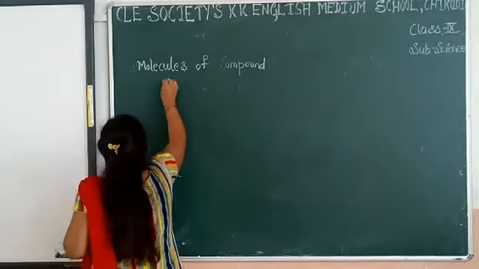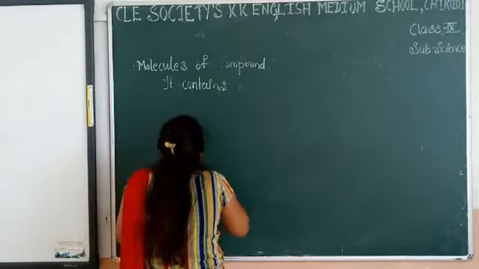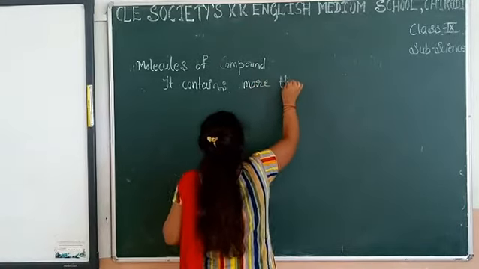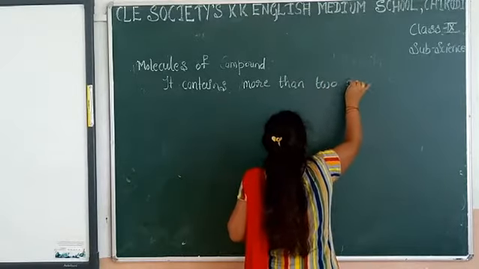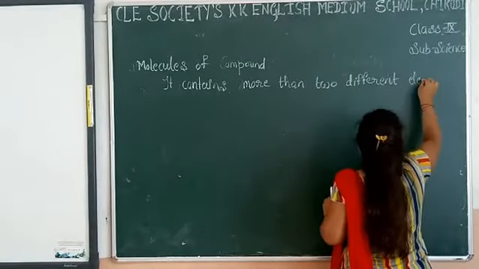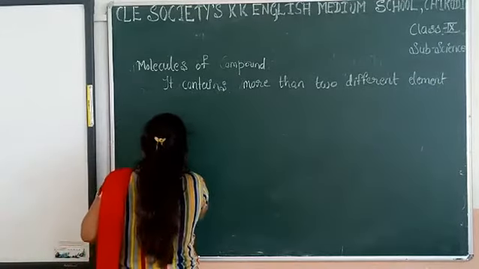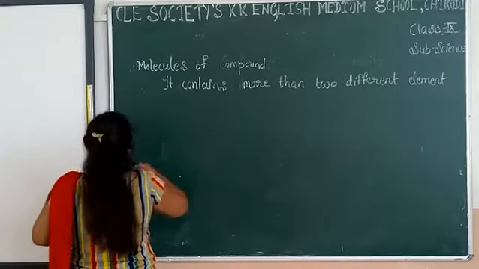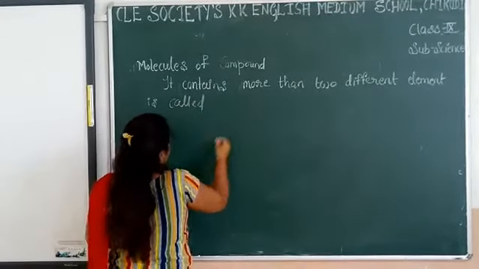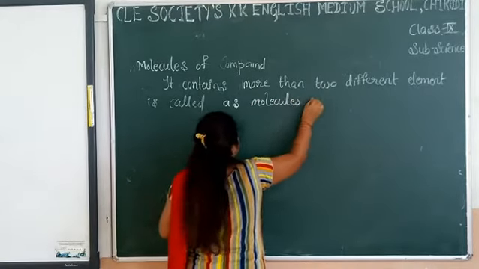So a molecule containing two or more different elements is called a molecule of compound.